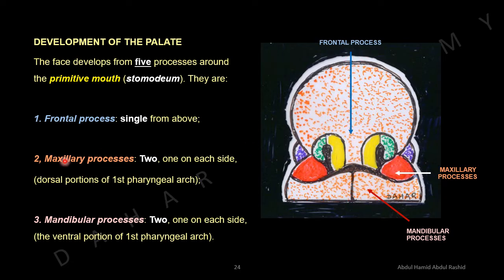Number 2, maxillary processes, 2 processes, one on each side. They are dorsal portions of the first pharyngeal arch. And number 3, mandibular processes, 2, one on each side. They are ventral portions of the first pharyngeal arch.